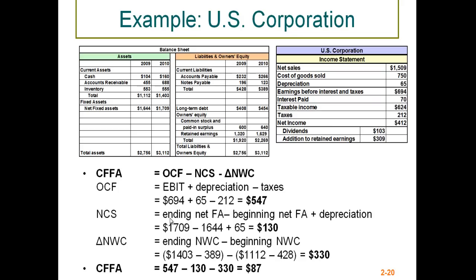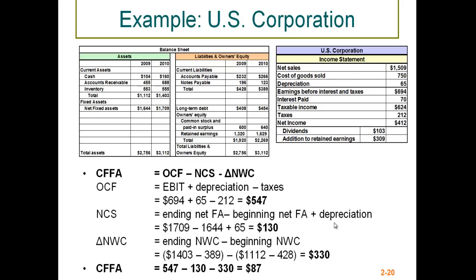Now, how about the change in capital spending? Well, it's going to be the ending net fixed assets minus the beginning net fixed assets. So you have a certain amount of fixed assets at the end of the period. You subtract out what you had at the beginning of the period, and you add back in depreciation.